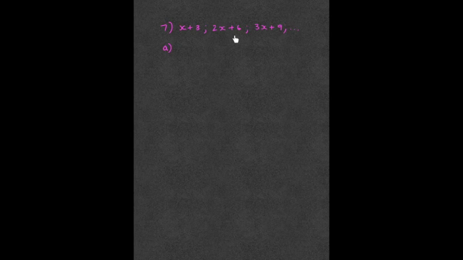If you read the next, 7b says to determine the nth term. So we don't want to do that yet, right? That's a follow-up question. So by reading it, I'm seeing that they actually want me just to look at the pattern and through observation determine what the 10th term would be. So let's look at what the pattern is.